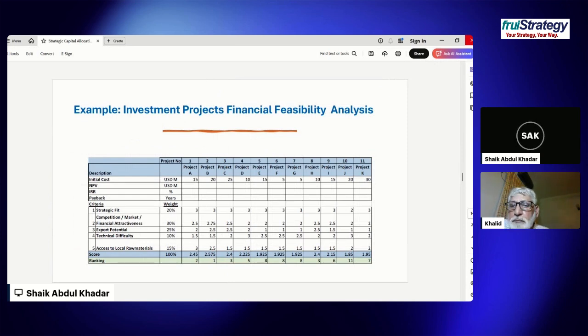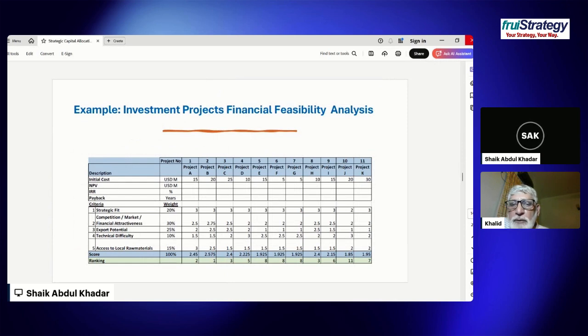So here you will see that for each project, I've deleted the specific details of the projects because that's confidential. So this was a pharma company where they had a choice of entry into biologics, entry into vaccine, so various new products, new disease areas, etc. So we estimated the value of investment.